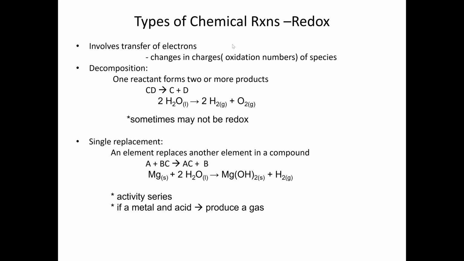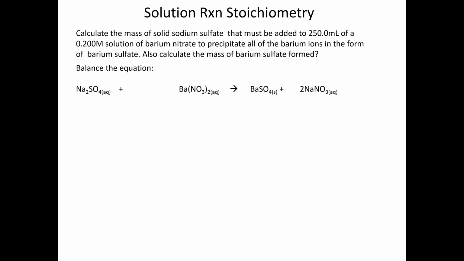Now, to talk about which explicit chemical reactions we're going to be observing, we'll talk about a cycle where we have different types of chemical reactions. But one thing we need to touch on in regards to the calculations is that we'll be doing solution stoichiometry.